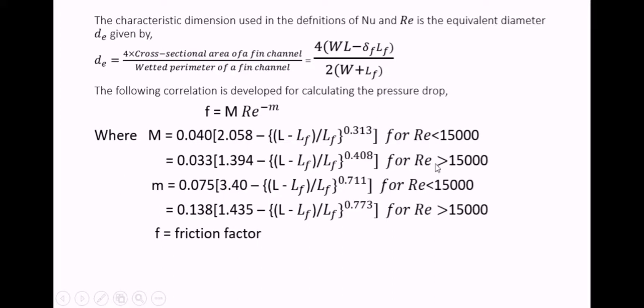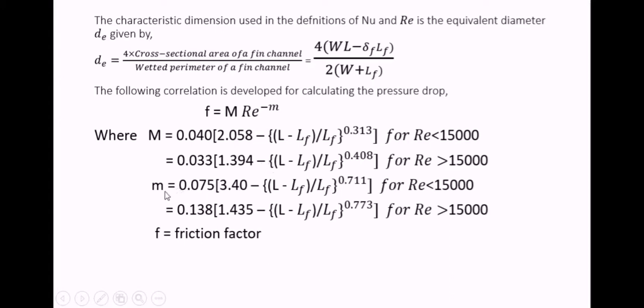Then for Reynolds number greater than 50,000, capital M is equal to 0.033 into (1.394 minus (L minus LF) divided by LF) all raised to 0.408.